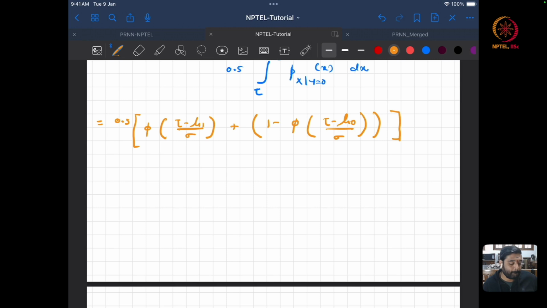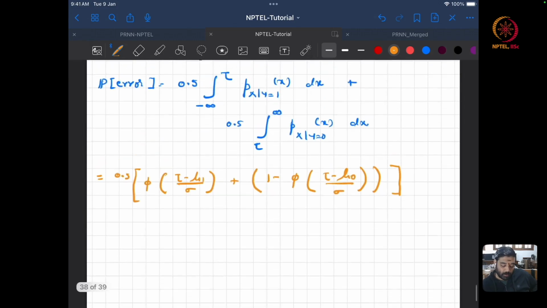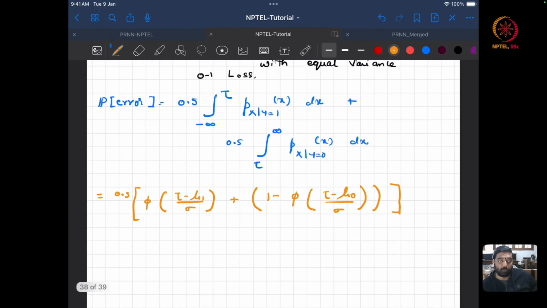This will be my error. Depending on my value of tau, I can compute the error.